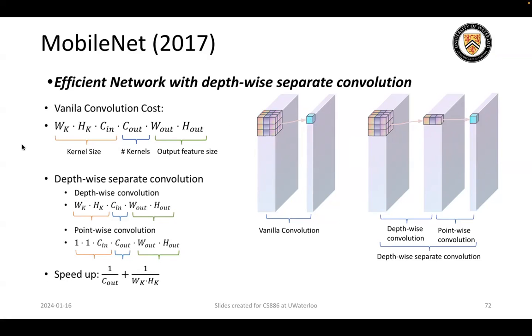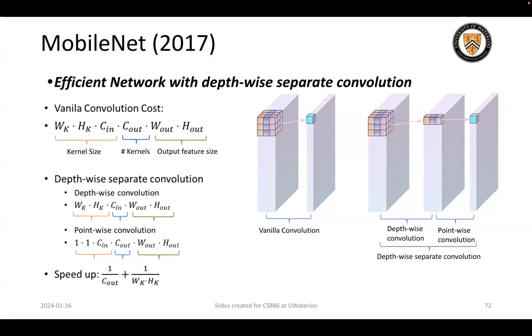The cost is equal to WK multiplied by HK multiplied by Cin. This is the kernel size, and the number of kernels is equal to Cout, and the output feature size is Wout multiplied by Hout. Now we introduce depthwise separable convolution, where first we do depthwise convolution, we do not aggregate, and then we do pointwise convolution, and then we aggregate.